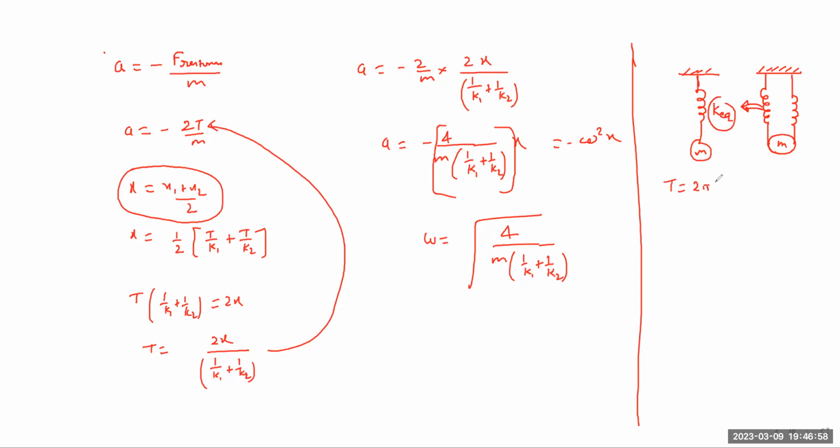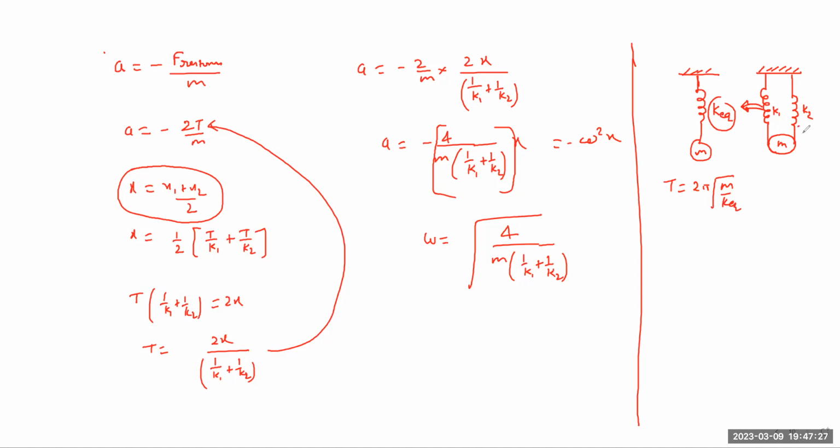T is 2 pi root m by K equivalent. So how to get the answer directly? Any guess? The tension is equal in both the springs, so we use that to find the K equivalent.